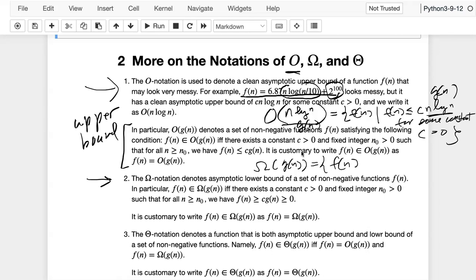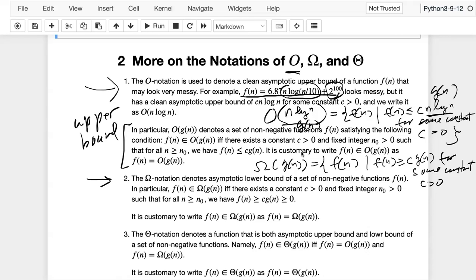What that means is that f of n is greater than or equal to c times g of n, for some constant c greater than 0, and also when n is big enough.